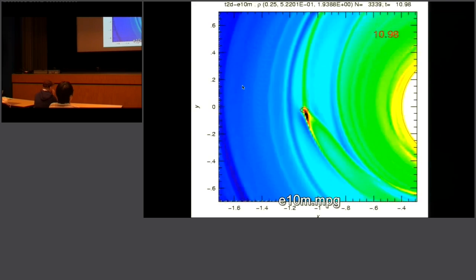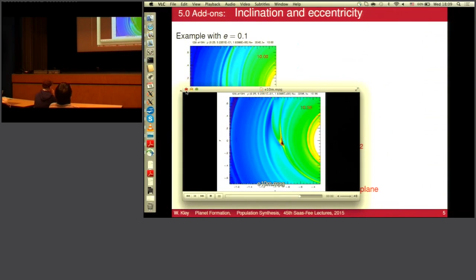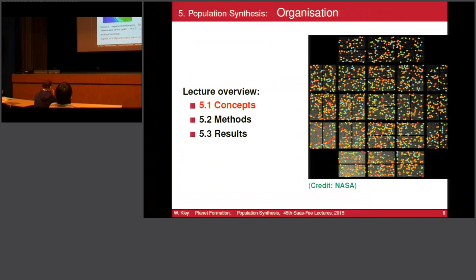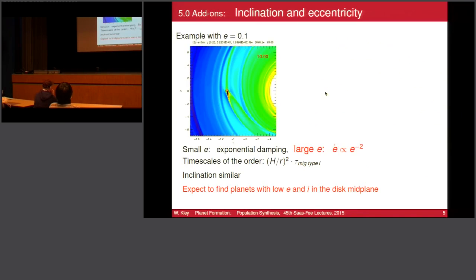Okay? This is the option with hydrodynamics, and then there is also linear analysis, and both lead basically to the same result. For small eccentricities, you get an exponential damping of eccentricity. For large eccentricity, it follows this relationship here, which is slightly weaker.